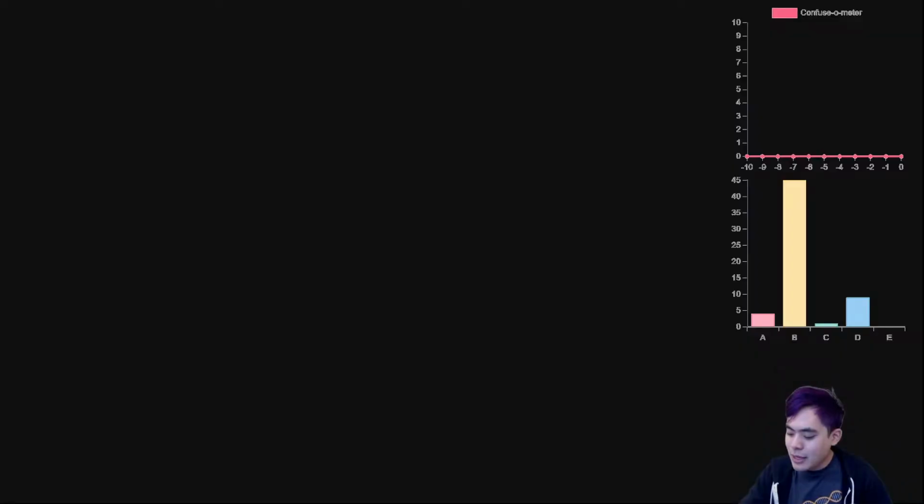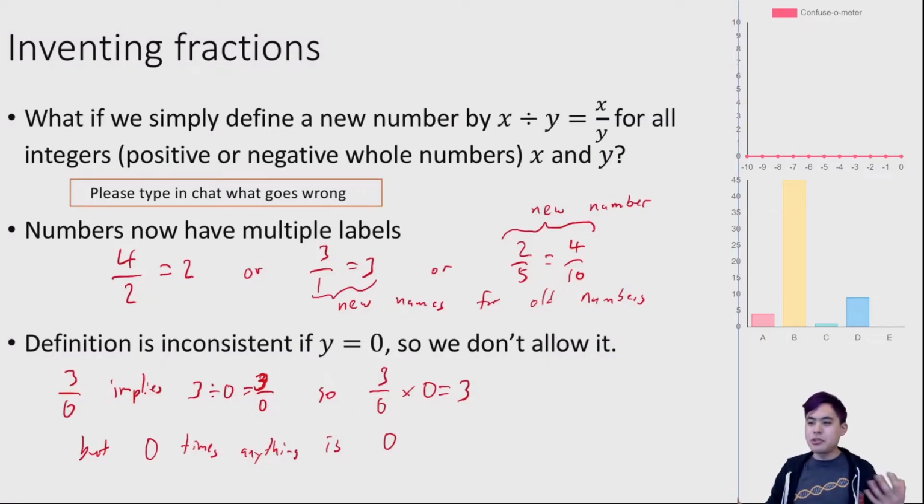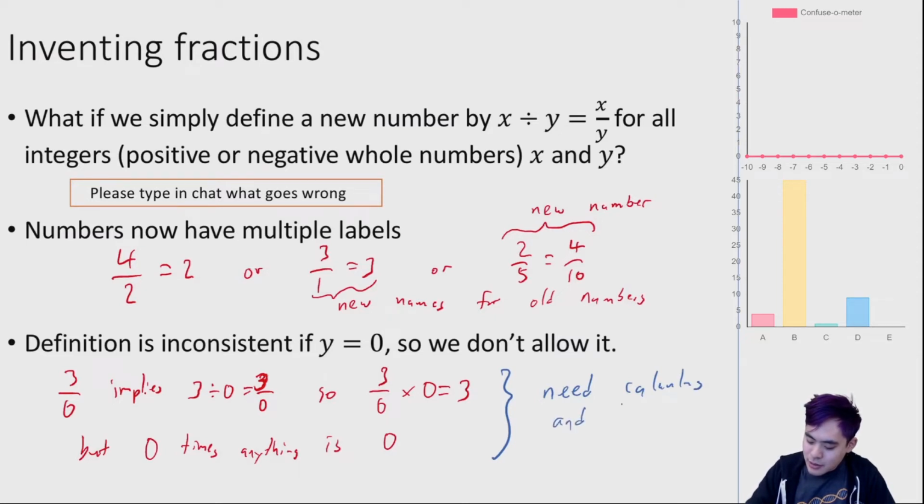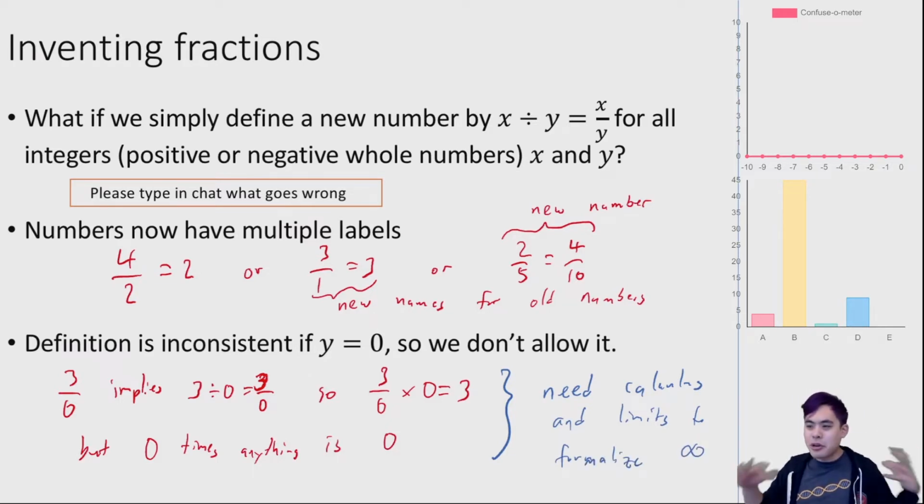And it turns out that properly understanding what goes on here is actually really complicated. You really need to get to calculus and limits to formalize it, because we're really talking about concepts of infinity, things that are infinitely small or infinitely big.